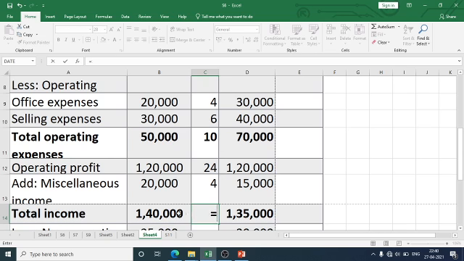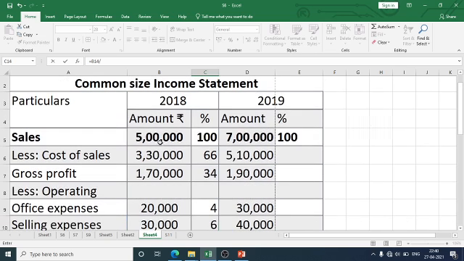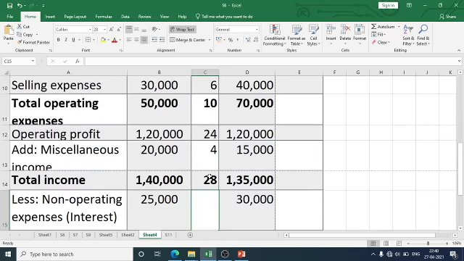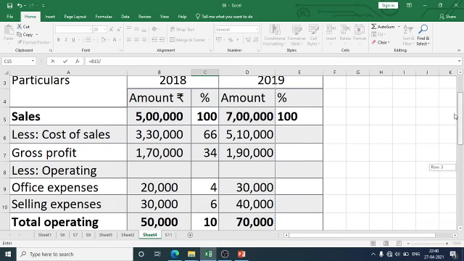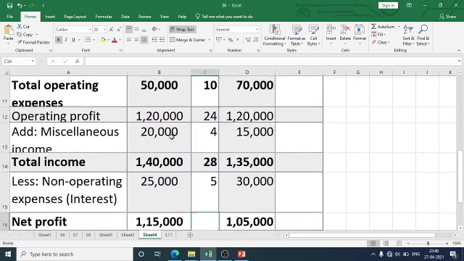It will be difficult. 1,40,000 divided by 5 lakh into 100. So that will give you 28%. And non-operating expenses, 25,000 divided by the sales into 100. So fine, that will give you 5%.